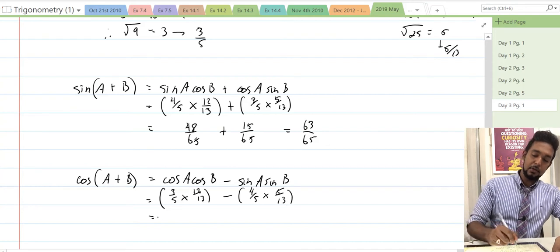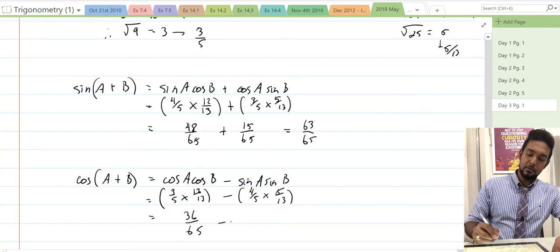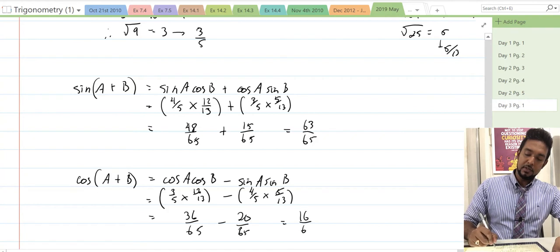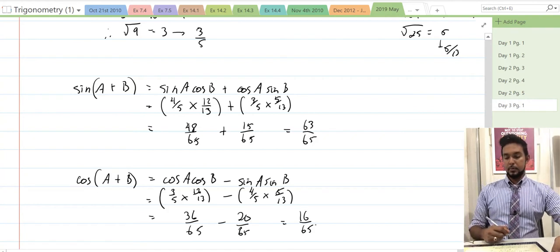Once again, don't cancel down, leave it as it is. 3 by 12 is 36, so you have 36 over 65 minus 20 over 65. And 36 minus 20 will give us 16, so that's just a little less than a quarter.